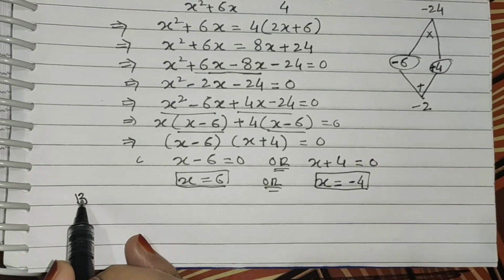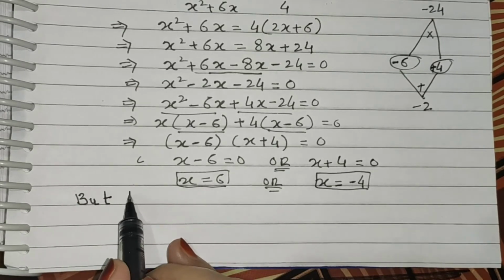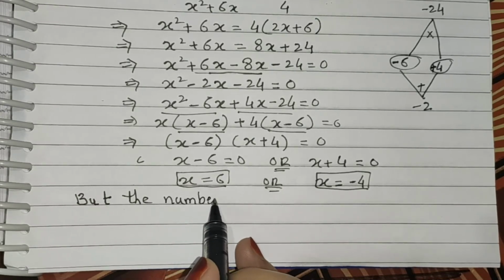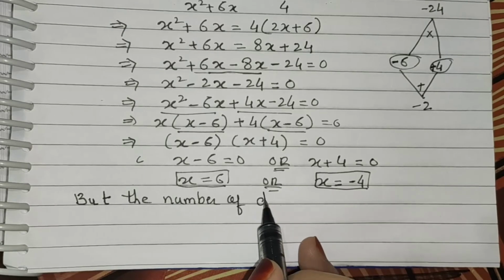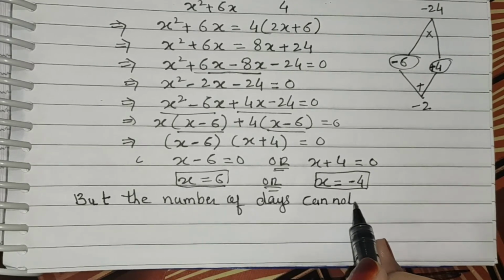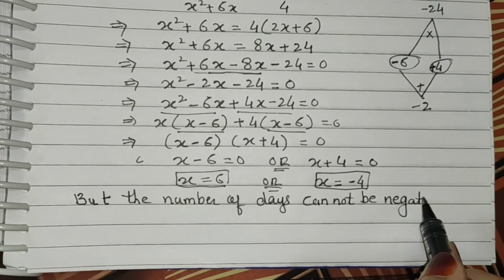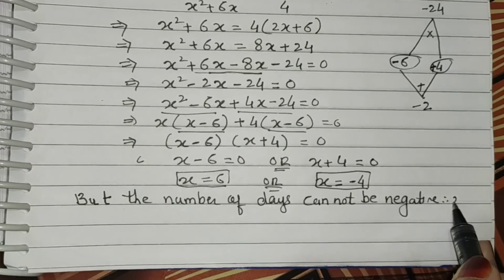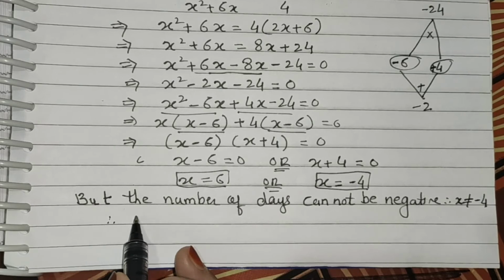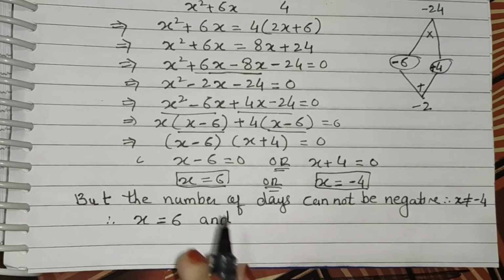But the number of days cannot be negative. Therefore x is not equal to minus 4. Therefore the value of x is equal to 6.